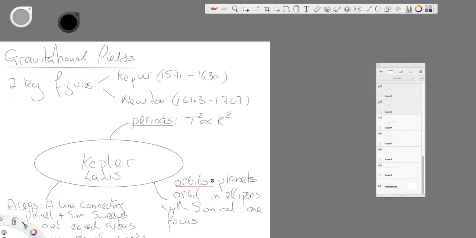He said that planets orbit the Sun in ellipses. An ellipse is kind of a squashed circle. Here's one focus, here's another focus. What he said was the Sun is in one of these foci and the planet orbits in an ellipse around the Sun.